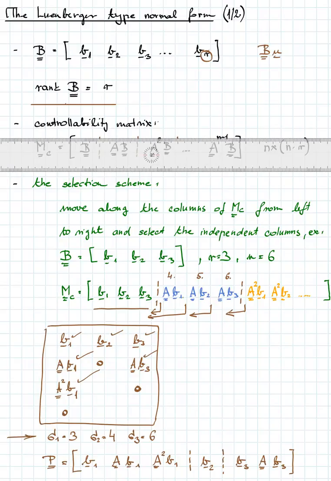So P contains independent column vectors of MC, and it means that P always has an inverse matrix because of this, and this inverse matrix is going to play a very important role in the next video. So we are going to continue with this and the indexes.